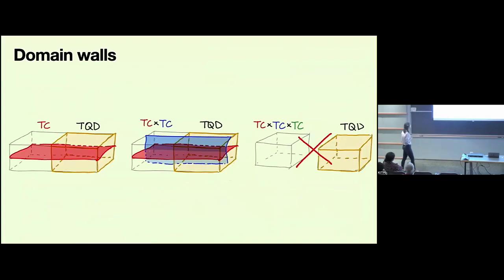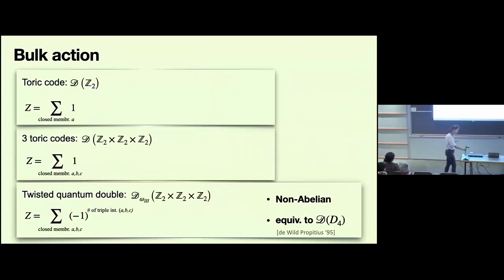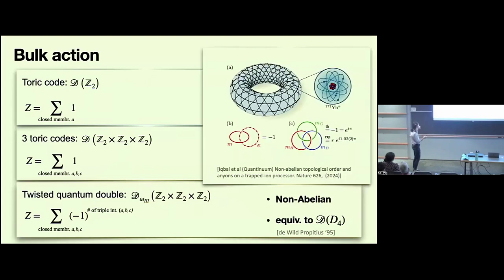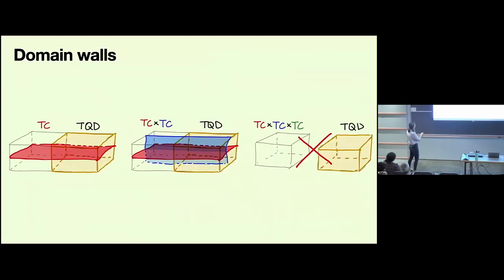And okay, now this brings me to the next part, which is domain walls. The kinds of domain walls we will be interested in don't do anything fancy. There are no 2-cycles addressing them. What we care about is that if there is a membrane in the toric code, that membrane actually carries the logical states. And we want there to be a domain wall such that the membrane is continuously shared between the twisted quantum double and the toric code, and that's possible.